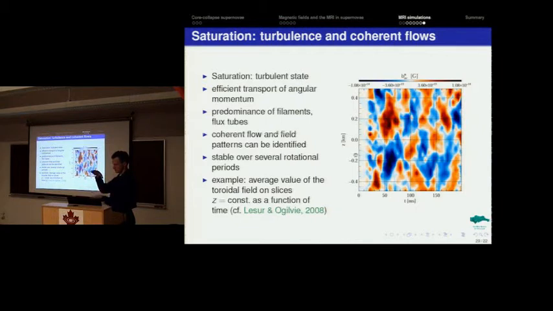This gives you an increase in the vertical scale, which is one of the factors contributing here, and then the whole nonlinear dynamics of this is still not fully understood.